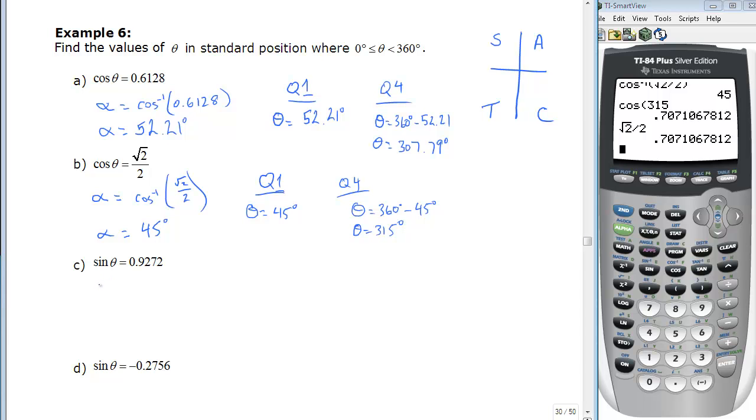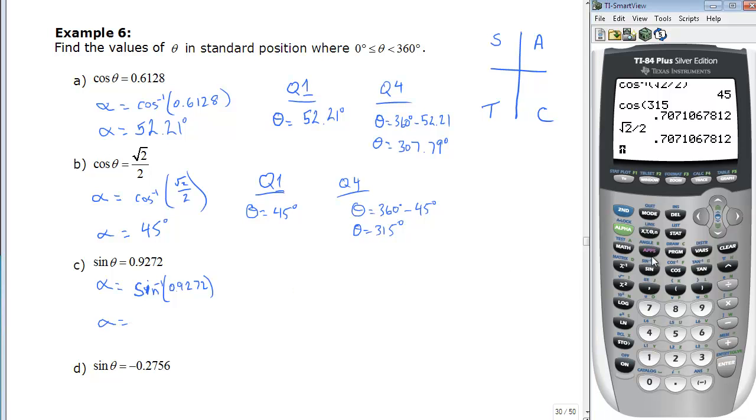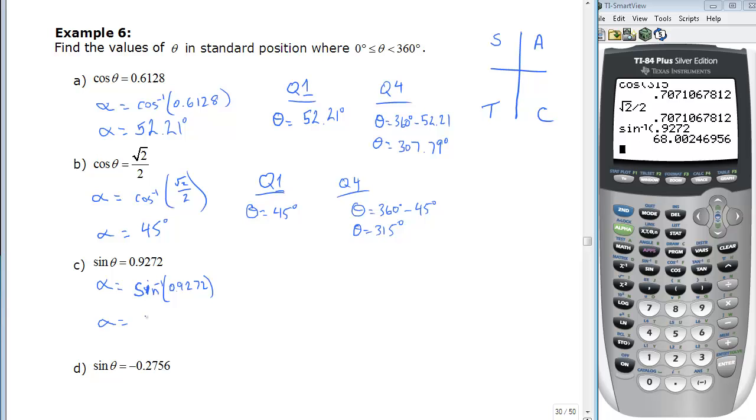So we'll move to the next one. Again, start with the reference angle. The reference angle is, in this case, the sine inverse of 0.9272. That gives us 68 degrees, rounded to 2 decimal places, or 4 significant digits.